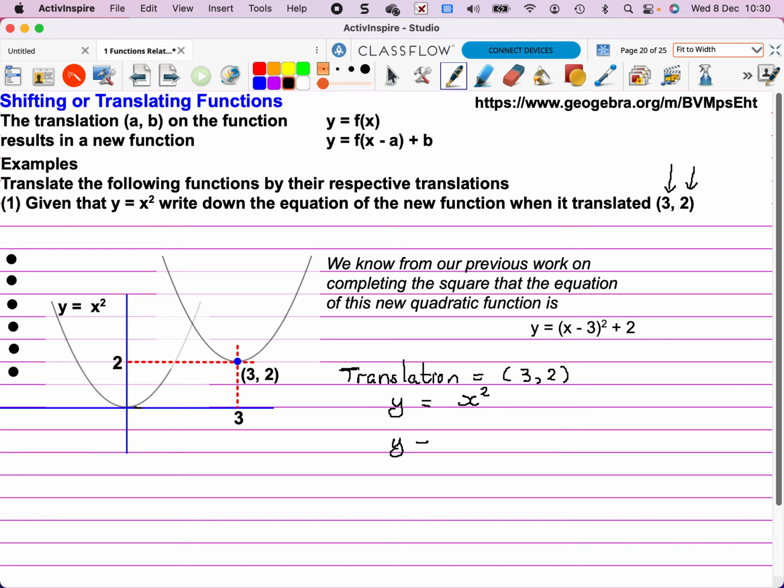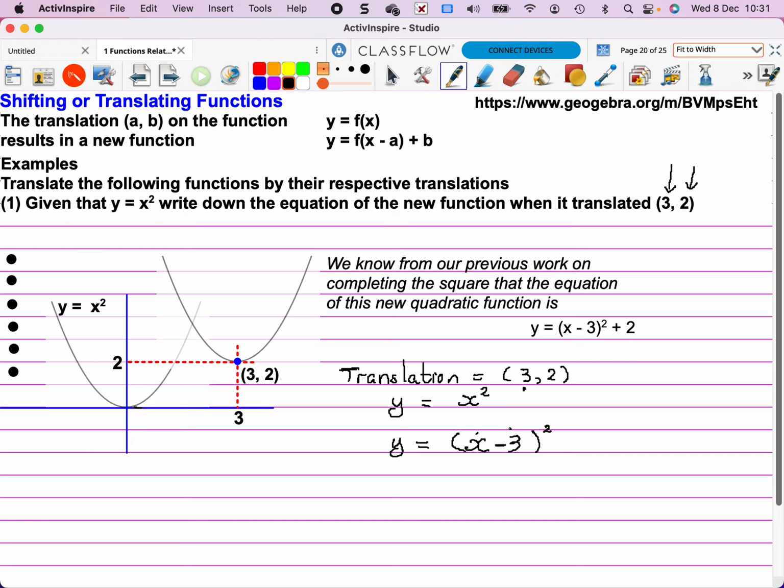It's very simple. We create an empty bracket where the x was, and then we put the x back in. We then look at this number in the x position. The x position is associated with the x algebraic value. But when we slide it into this bracket, we have to remember to change the sign. So when we slide that 3 into the bracket, we have to remember to change the sign.